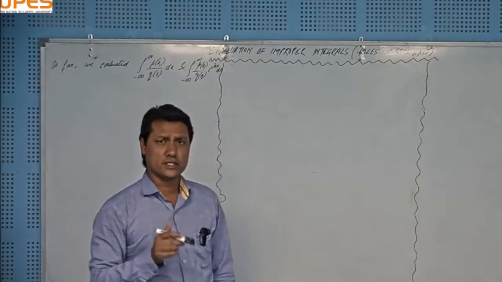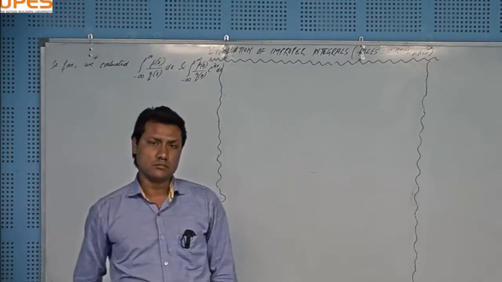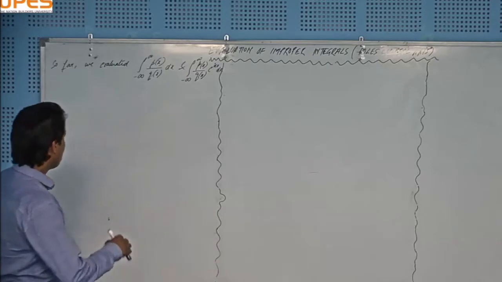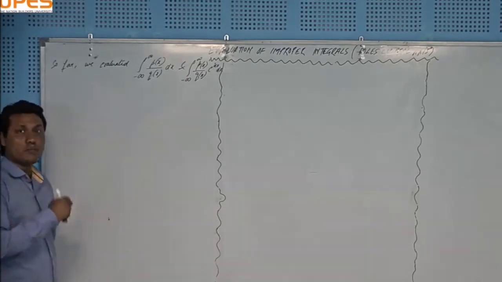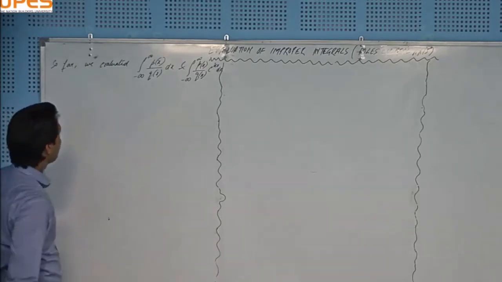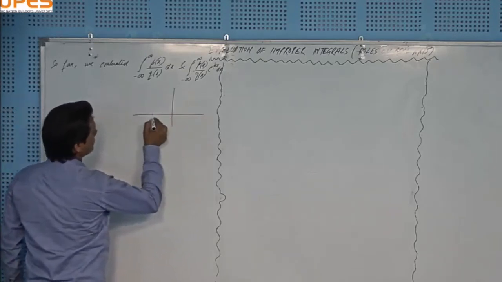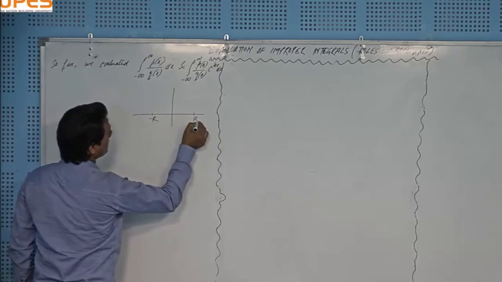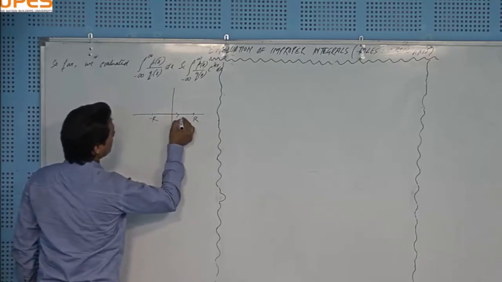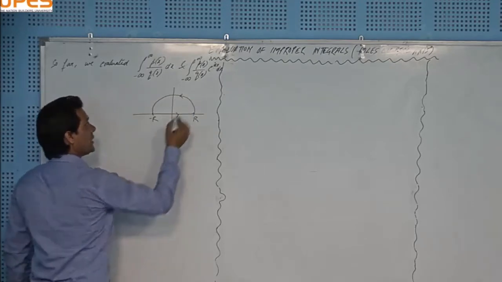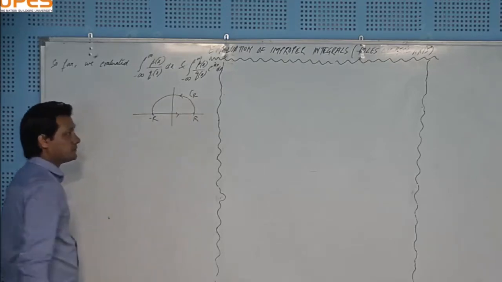The point is that the contour cannot pass through a pole, right? You have to make a small indentation there, or small jump at that pole, right? I will draw the figure. So far we have our contour of this nature, minus R to R, and then a big semicircle, and it's called C_R, right?